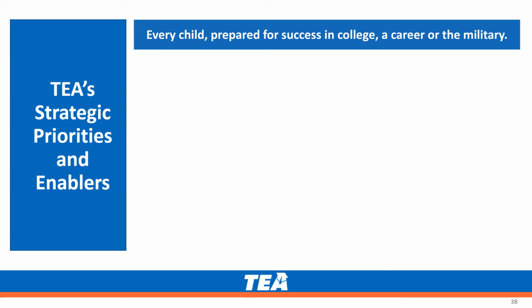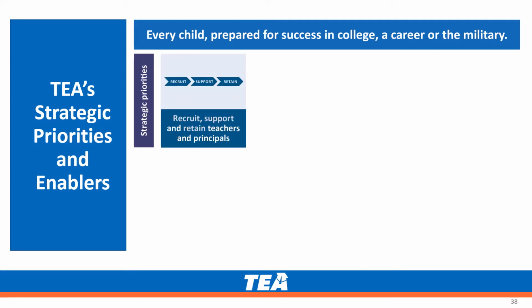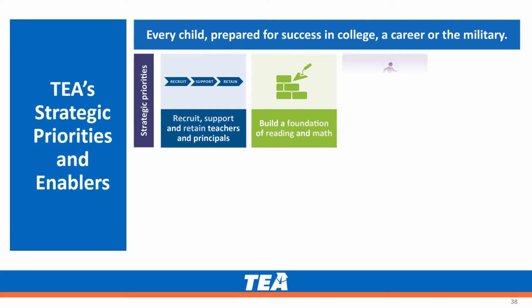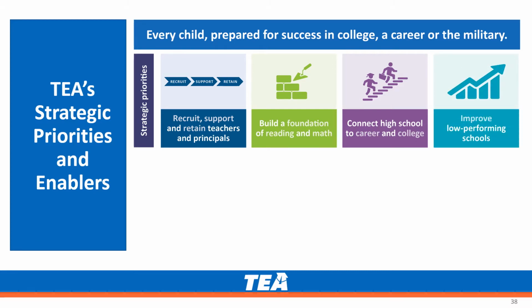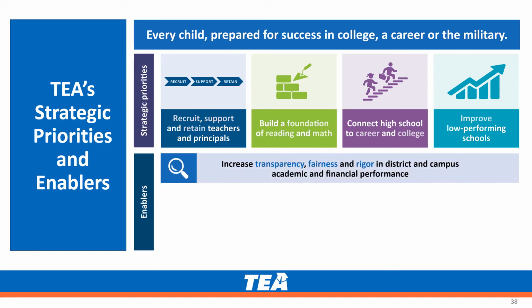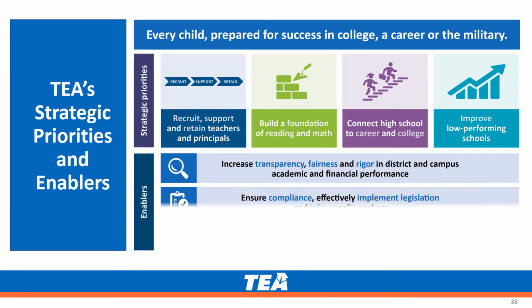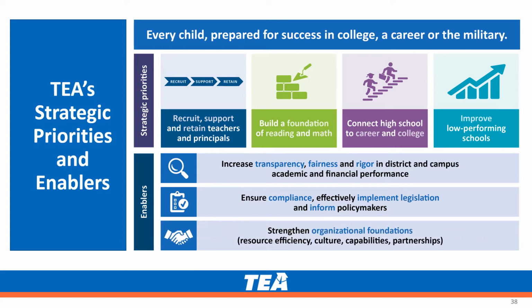We look to accomplish this through our strategic priorities, which are to recruit, support, and retain teachers and principals, build a foundation of reading and math, connect high school to career and college, and improve low-performing schools. Our enablers are to increase transparency, fairness, and rigor in district and campus academic and financial performance, ensure compliance, effectively implement legislation and inform policymakers, and strengthen organizational foundations.